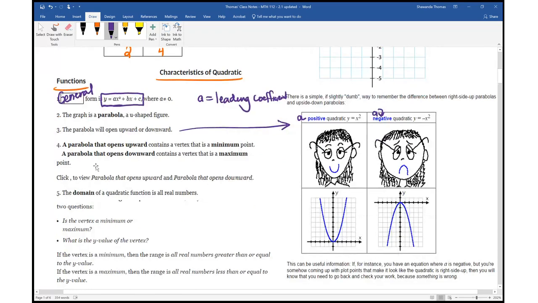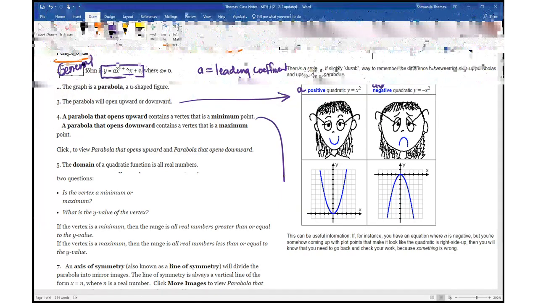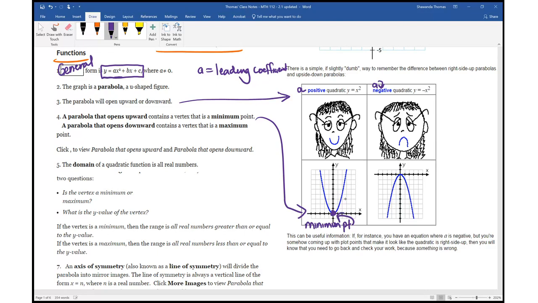A parabola that opens upward contains a vertex that is a minimum point, like this one. That point is called the minimum point because it's the lowest point on the graph. This point over here is our maximum point because it's the highest point on this graph.